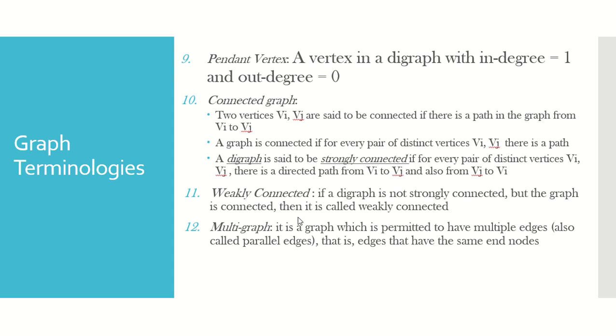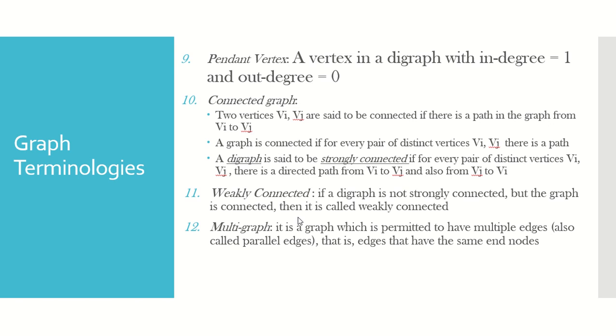When you talk about a weakly connected digraph, the underlying graph is a connected graph, but the digraph is not strongly connected. Such kind of a digraph is called a weakly connected graph, which means the underlying normal graph is connected. We can find a path from any node to any other node if the graph was an undirected graph.